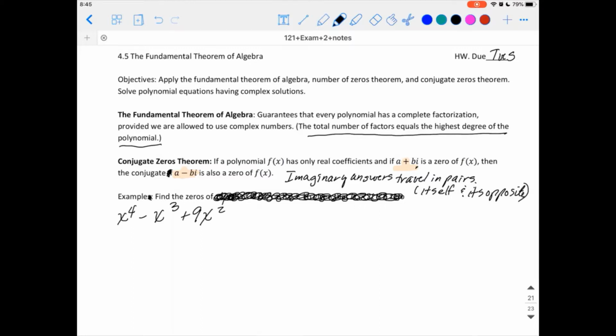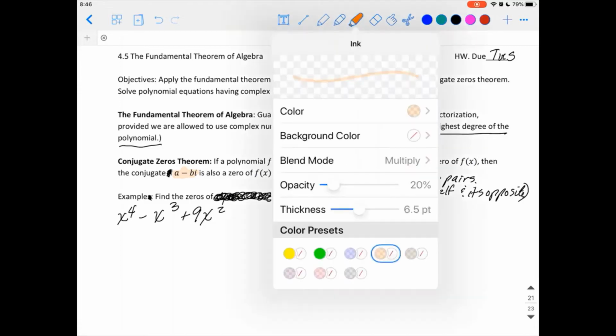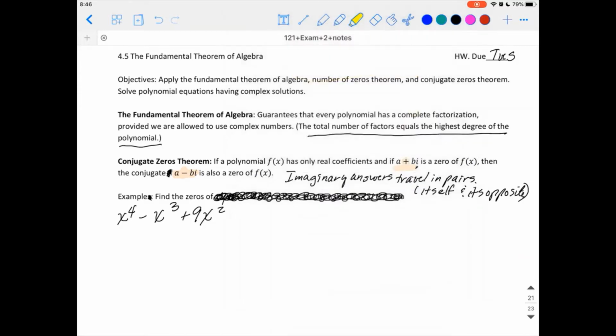Okay, so examples, and technically it's just one. Find the zeros of x to the fourth minus x to the power of 3 plus 9x squared. So because of this 4, we can have the following types of answers.